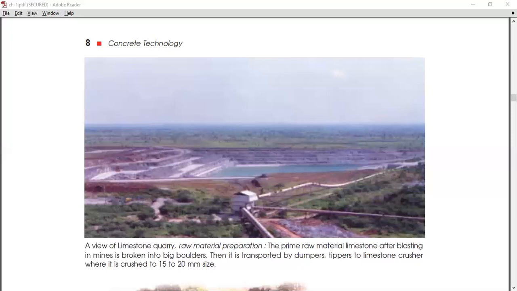This is the original crusher for crushing huge limestone into small segments, and the process is called crushing. Quality check for limestone: limestone obtained from the crusher undergoes a rigorous quality check using gamma metric machine and cross belt analysis.